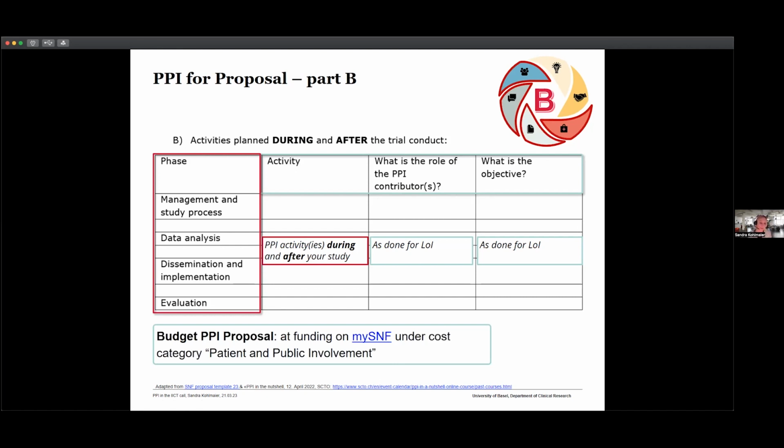And this is what I have mentioned before: for the budget of the PPI proposal, you can also state a budget for the activities you're planning during and after your trial. Here you can use My SNF, go under cost category, patient and public involvement, and enter your budget there.